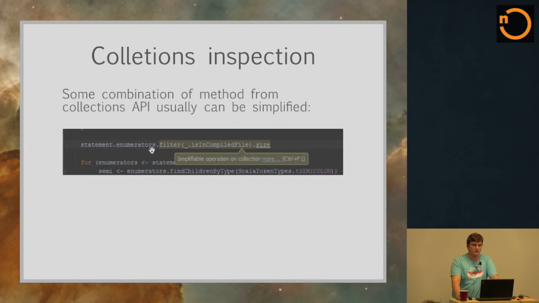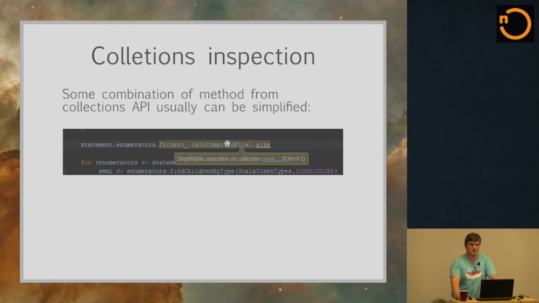So in these cases, we can help reduce and learn new functions. So who can tell me how we can replace this call? I think there's a count. Yeah, IntelliJ also knows that it's count.